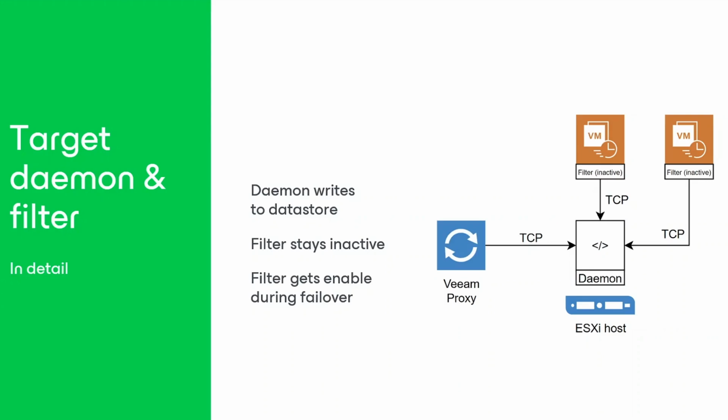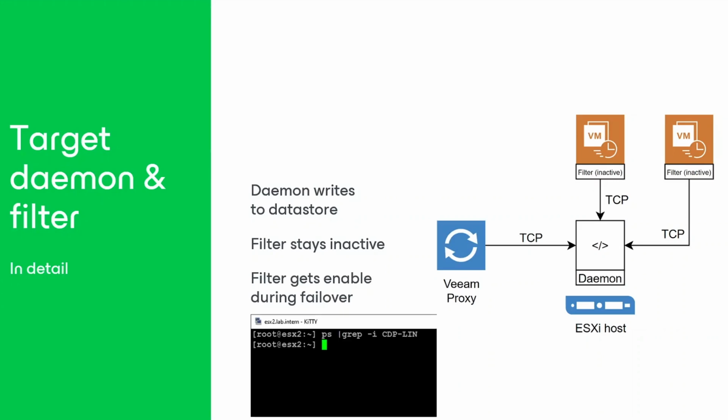Once we do failback, for example, the traffic will flow the other way, this filter driver will be enabled and the other one will be disabled. If we look on the ESXi host, we can confirm that there's actually nothing running there at this point when replicating.